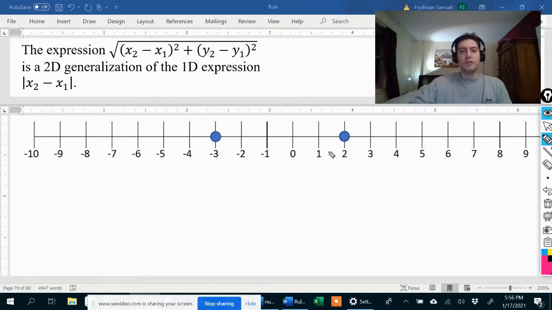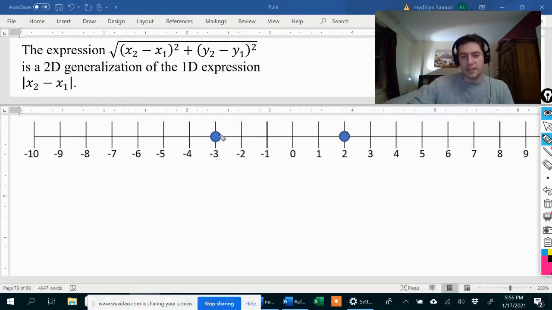Now, if I asked you, or you asked me, to find the distance between 2 points when we're only given one dimension, then hopefully you learned previously, the only thing that you have to do is subtract the coordinates of those points. That's it.